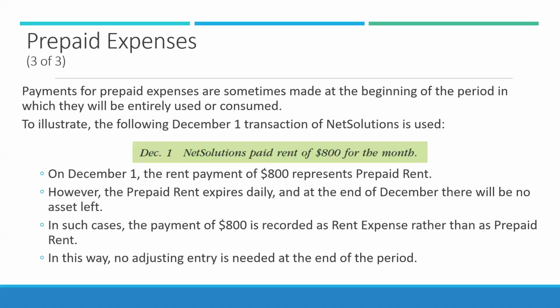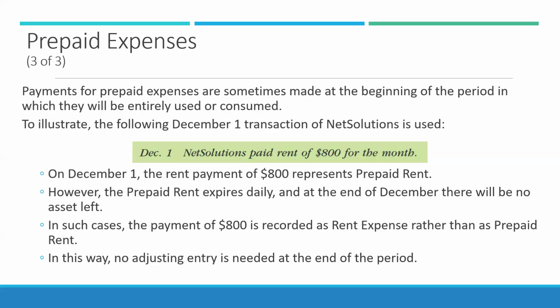Payments for prepaid expenses are sometimes made at the beginning of the period in which they will be entirely used or consumed. To illustrate, the following December 1st transaction of Net Solutions is being used. On December 1st, Net Solutions paid rent of $800 for the month. The rent payment of $800 represents prepaid rent.